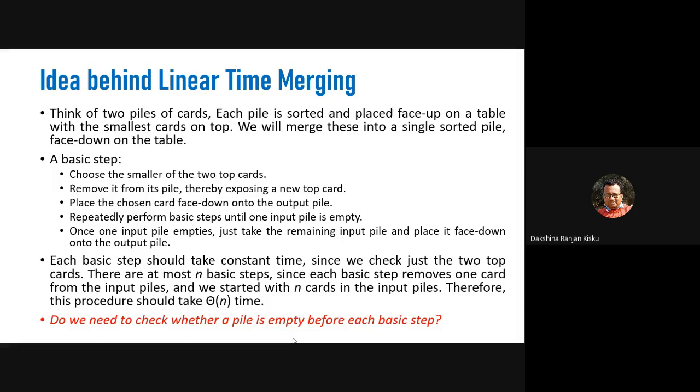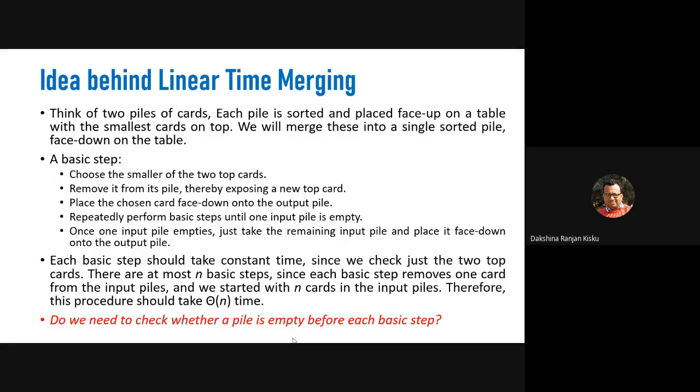Each basic step removes one card from the input files, and we started with n cards in the input files. Therefore the procedure takes order of n time. That is why this is called linear time merging. So this is the idea behind linear time merging.